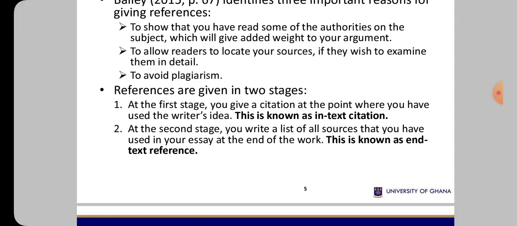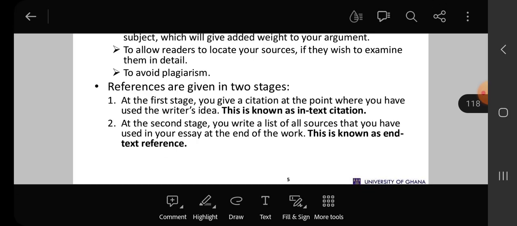You write all the citations that you made in your essay or your test. All the citations that you made, you have to write all of them. You number them: number one, you give the person's name, the title, the page, and you will get to that stage so you get to know more about them.